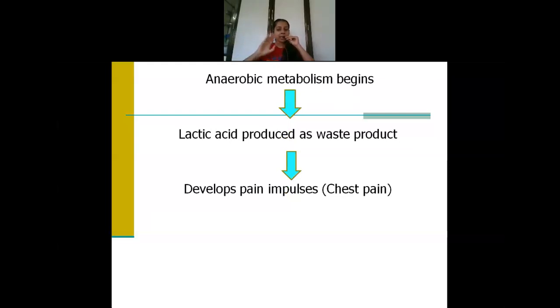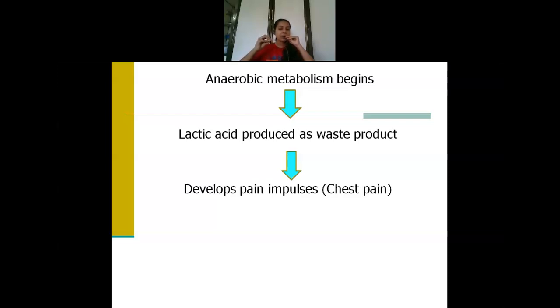Normal aerobic mechanism is not there. Instead, anaerobic metabolism will start. And what is the end product of anaerobic metabolism? The end product is lactic acid. You might have studied in biochemistry. So the end product will be lactic acid, and always remember when the end product is lactic acid, it will result in pain impulses and it will cause chest pain. That is the pathophysiology of angina.